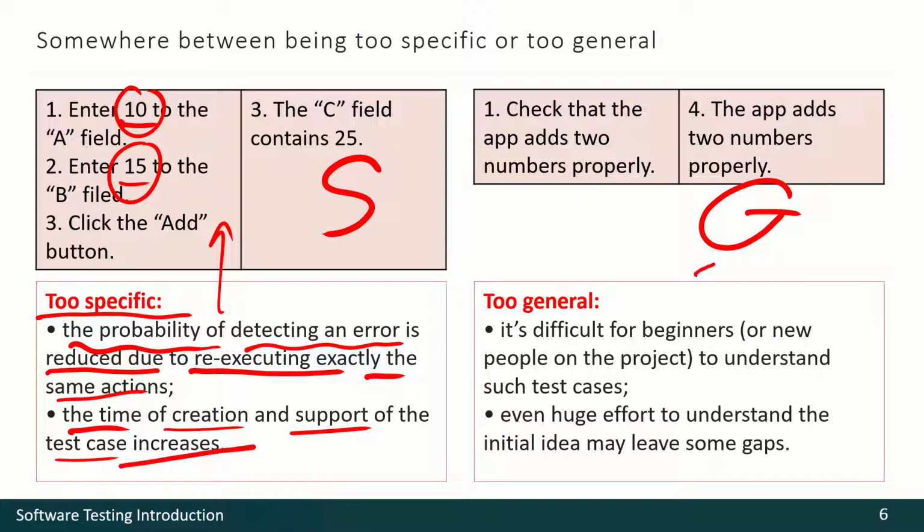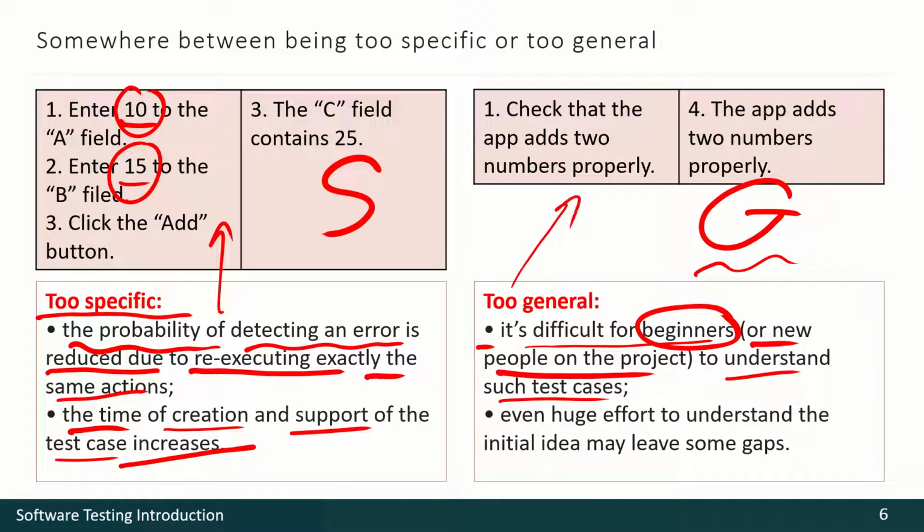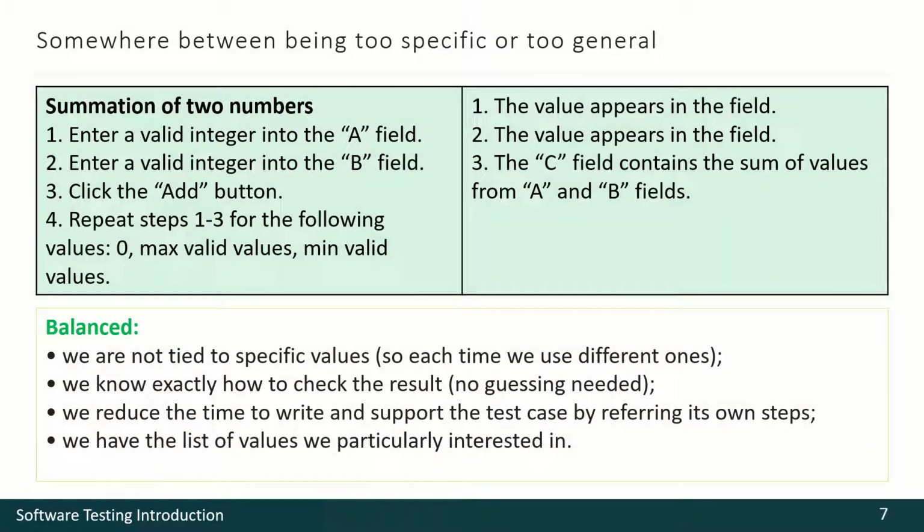But if we are speaking about too general test cases, it's usually too difficult for beginners or new people on the project to understand such test cases, because here we lack a lot of data, and even with huge effort to understand the initial idea, we still may somehow misunderstand what the author meant. So in order to create a good test case, we shall maintain the balance here.